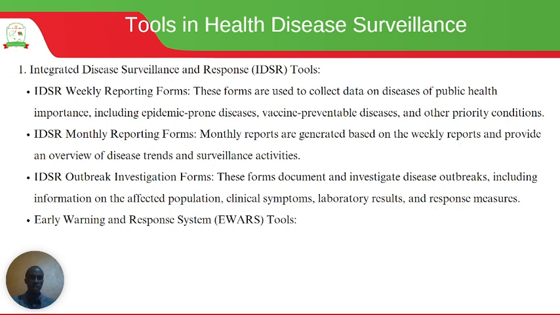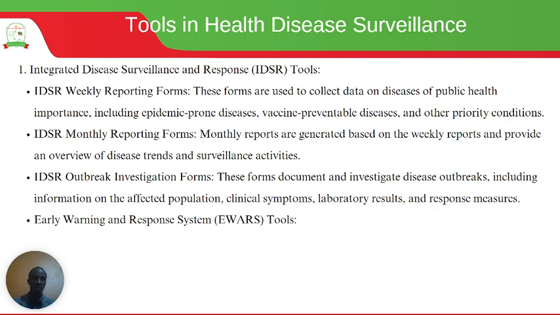So from the weekly reporting forms, we get those monthly reporting forms, which are generated based on the weekly reports, and they provide an overview of disease trends and surveillance activities. So you want to think of these monthly reports as the summary of those weekly reporting forms.